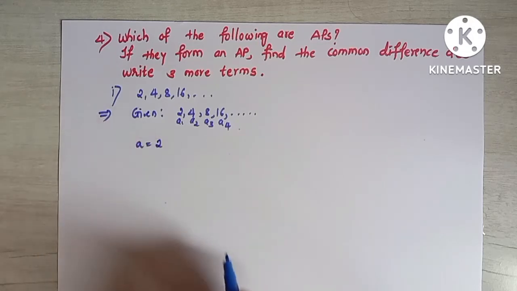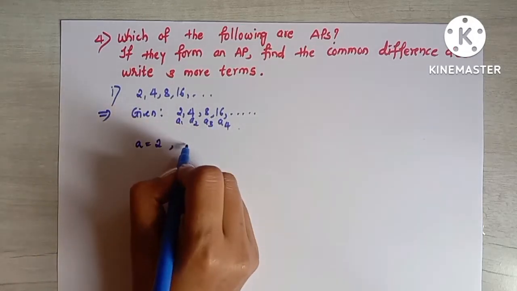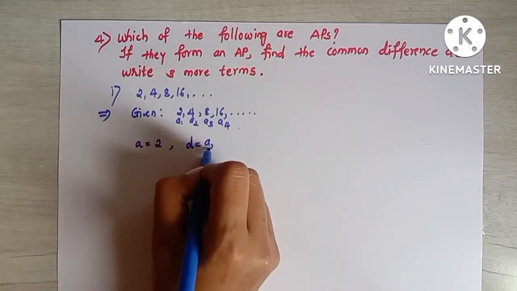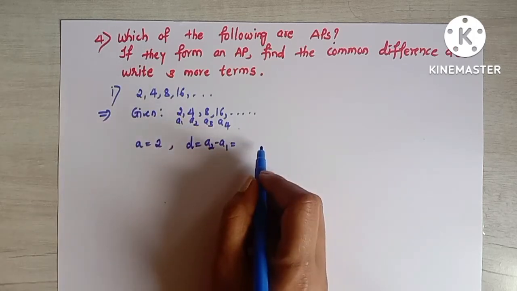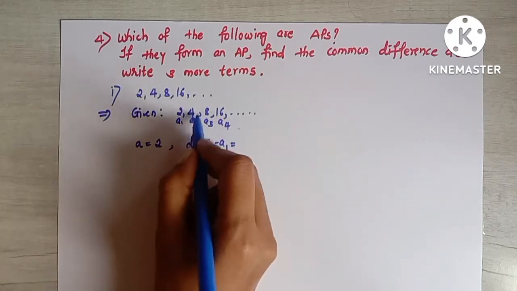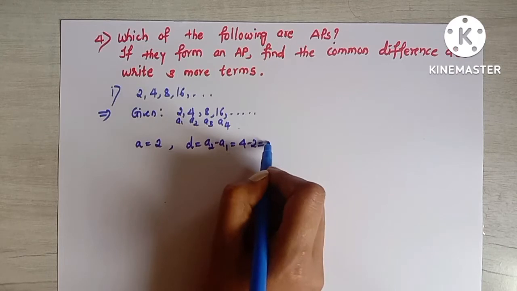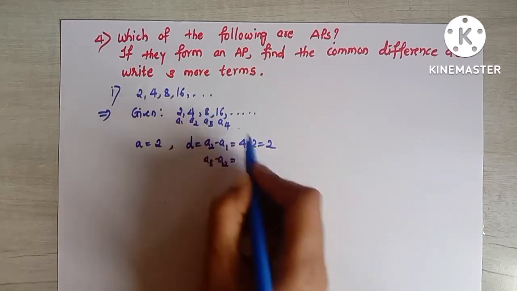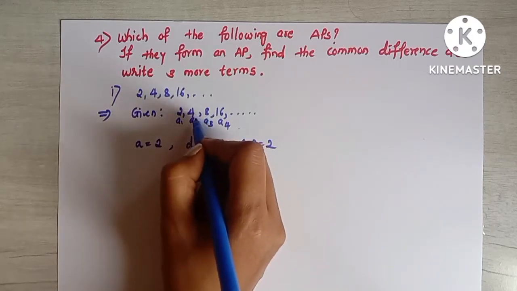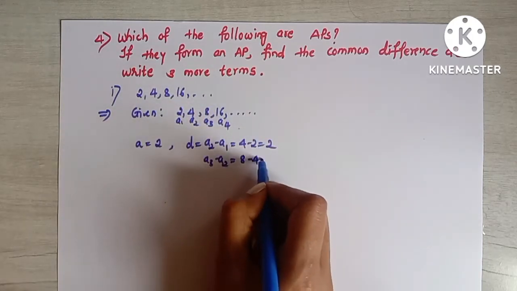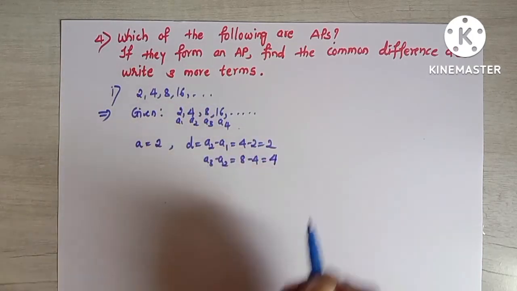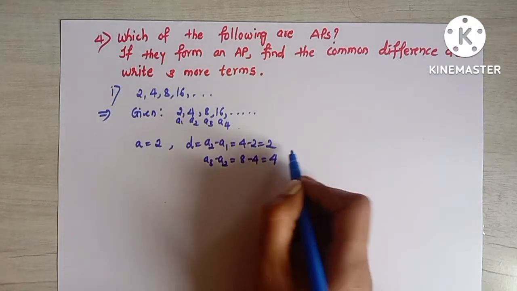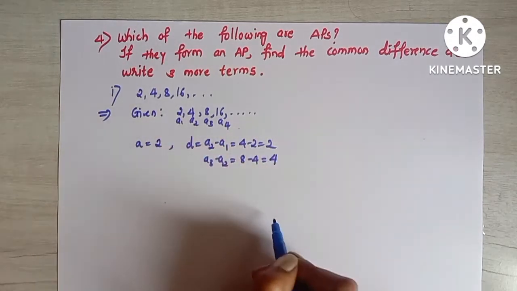Here A is 2 and D is A2 minus A1. So what is A2 minus A1? That is 4 minus 2, which is 2. Next, A3 minus A2. What is A3? 8. Next, A2 is 4. So this is 4. Is this D equal here?